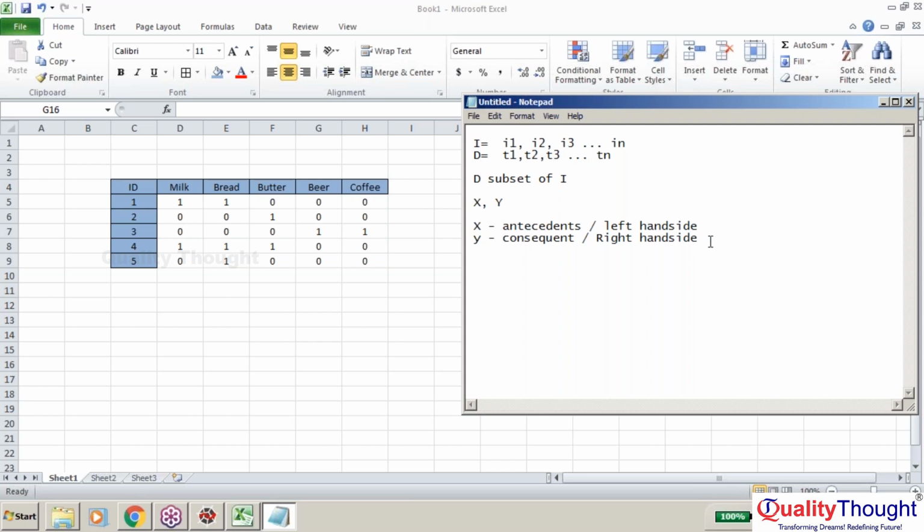Okay, so based upon this one, we should understand something called a lift. What do you mean by a lift? Lift is one such kind of rule in the background.